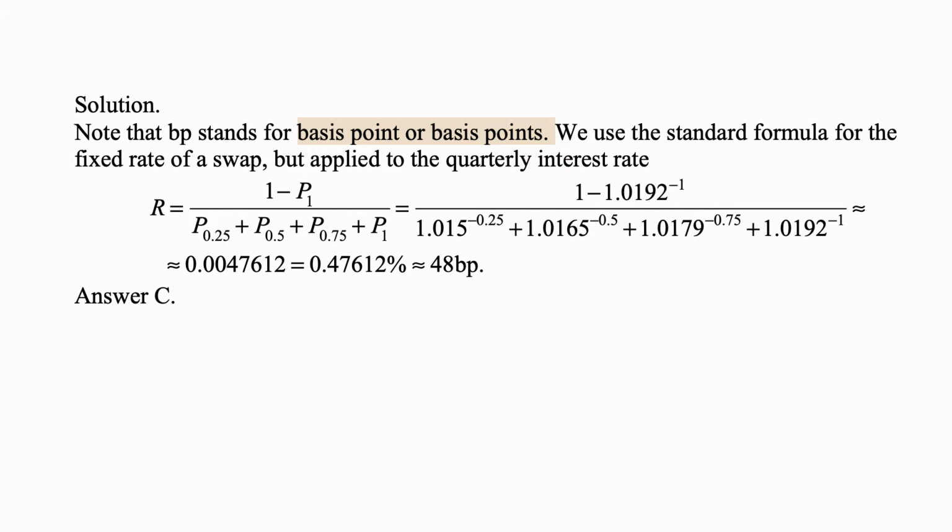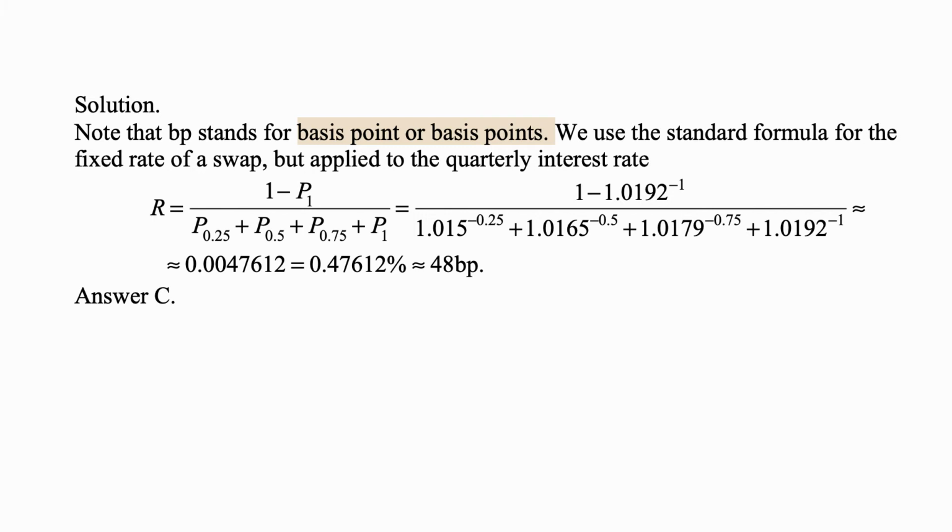And we just need to figure out the price of a zero coupon bond that matures at time 0.25. So with maturity value of 1, what is the present value? Well, we just use the spot rate applicable to 0.25 years, to 0.5 years, to 0.75 years, and to 1 year, and we discount using those spot rates.